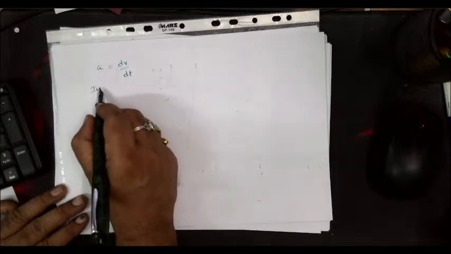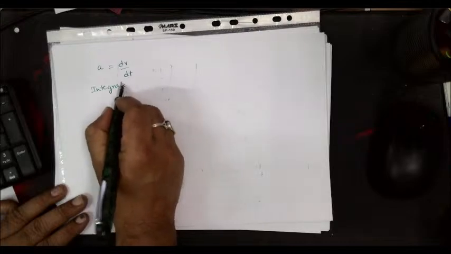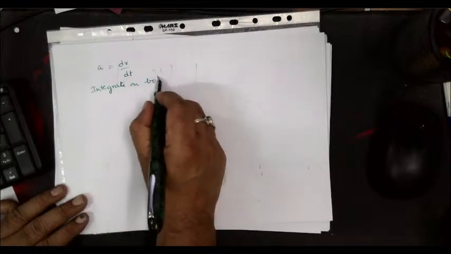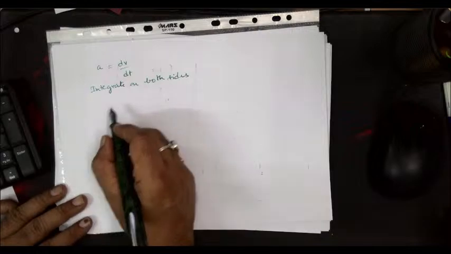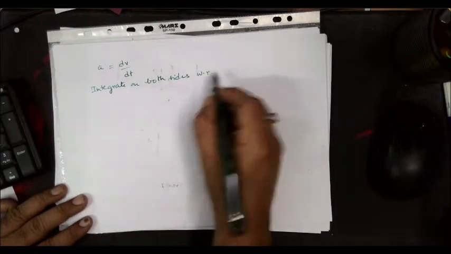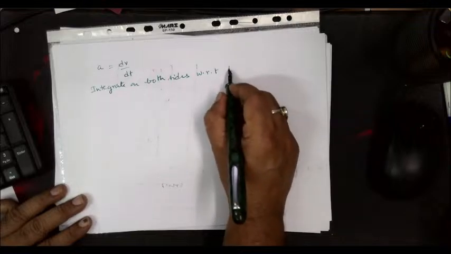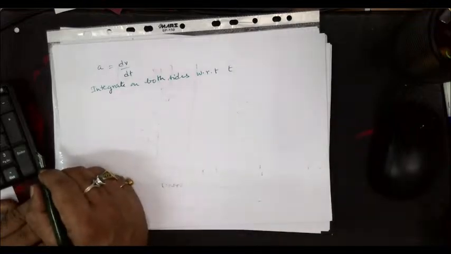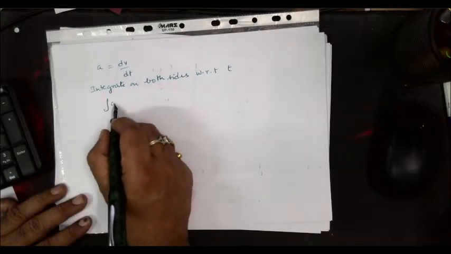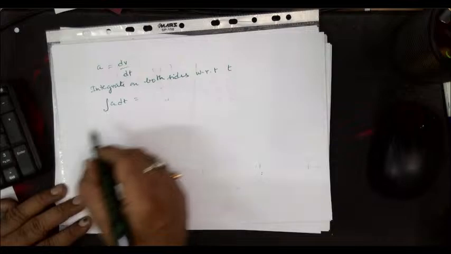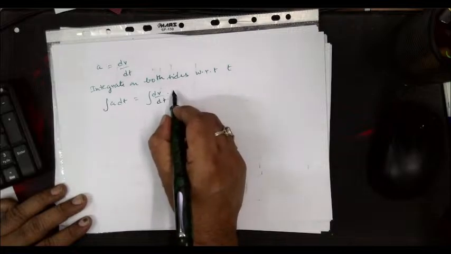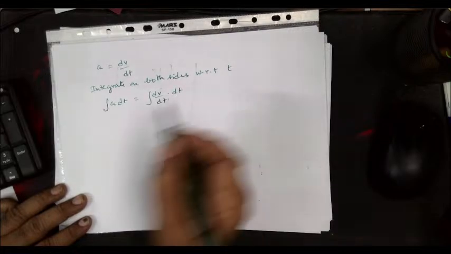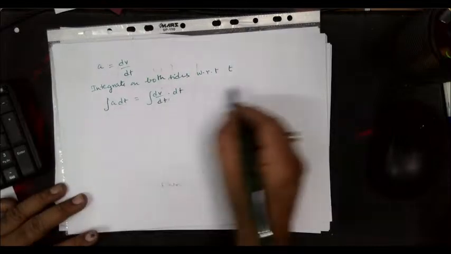So we can integrate on both sides, with respect to time, t. So a dt is equal to dv by dt into dt.